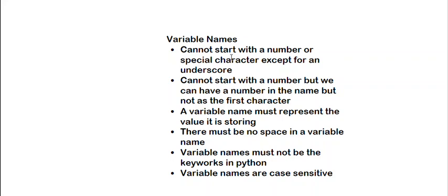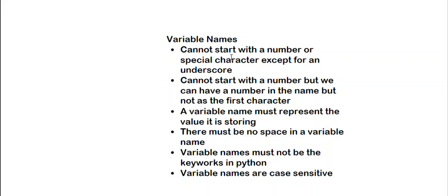First of all, we cannot start a variable name with a number or a special character, but we can use the underscore to start the variable name. So underscore ABC would be a valid variable name, but asterisk ABC would not. We cannot start with a number, but we can have a number in the name, but not as the first character. So num1 is a valid name, but 1num is not a correct name.